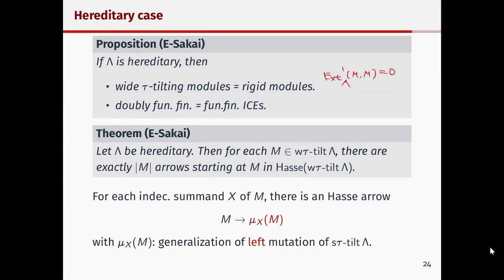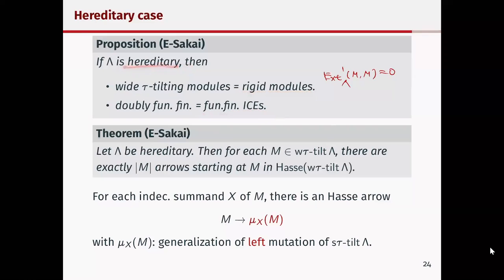And doubly functorially finiteness condition on ICE-closed subcategories is equivalent to just functorially finiteness condition for the hereditary case. So by the previous bijection, there is a bijection between rigid modules and functorially finite ICE-closed subcategories for the hereditary case.